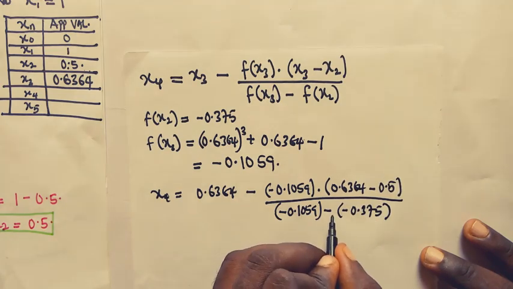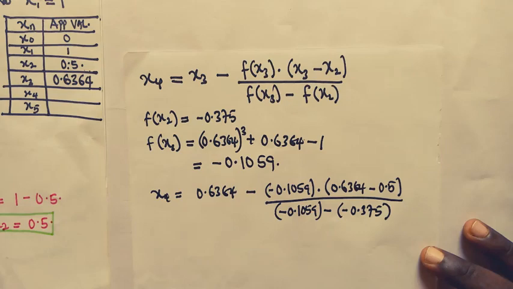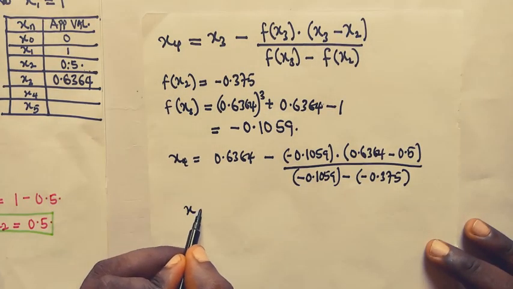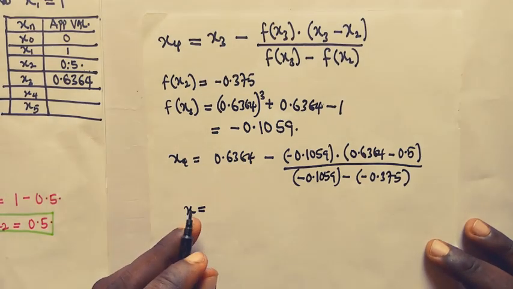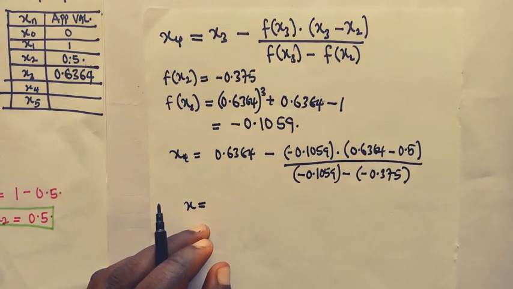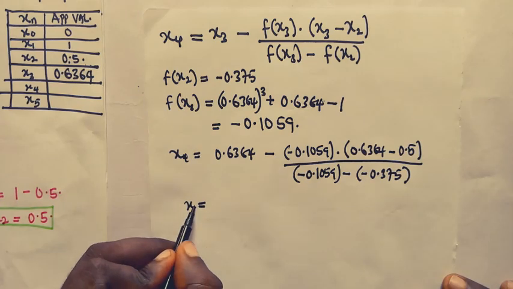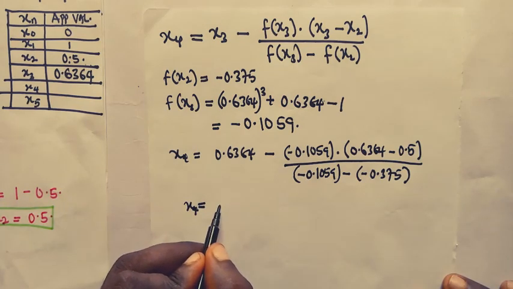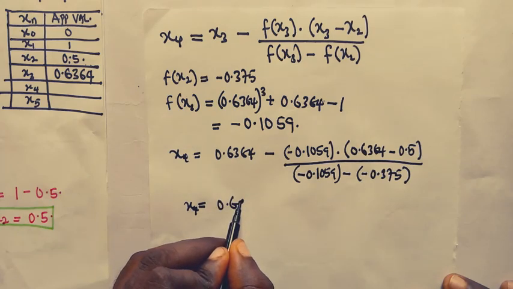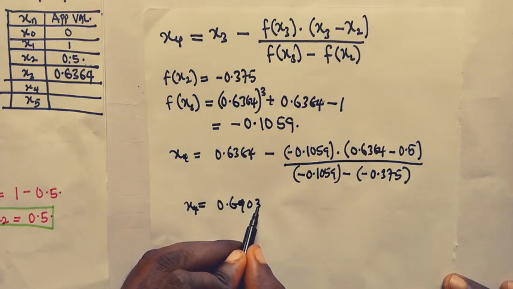Of course, these two negative signs will give us a positive sign there. So basically x4, after evaluating this, our final answer for x4 is 0.6903.